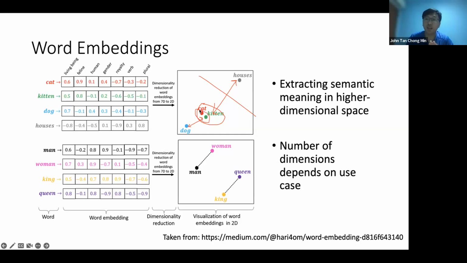Wouldn't it be great if we can cluster similar words together so that next time you want to use it, you can actually reference what you have learned before? Maybe in your data set, you have a lot of words like cat, and then you have 2 instances of kitten. You can use the meaning learned from cat to evaluate kitten.